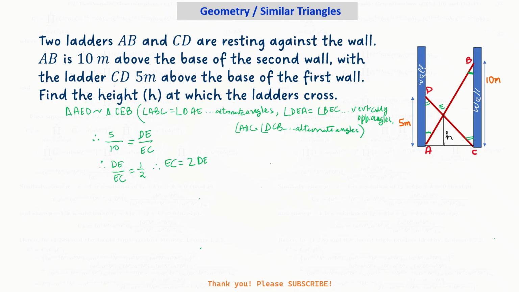So once we have that, then we can also say that CD equals CE plus ED. So CE or EC is twice of DE.